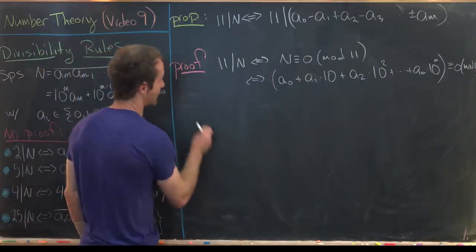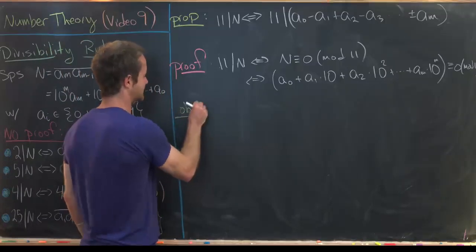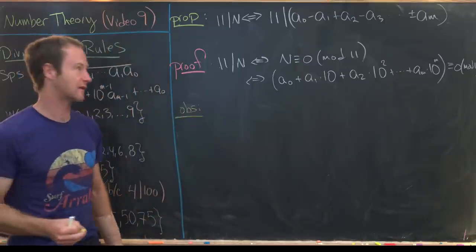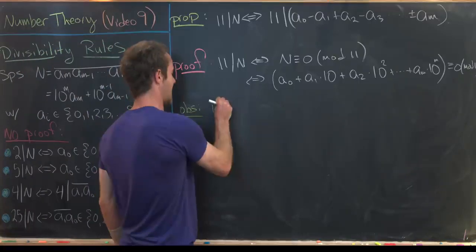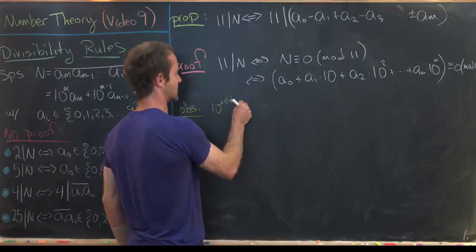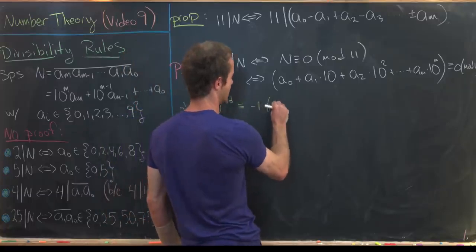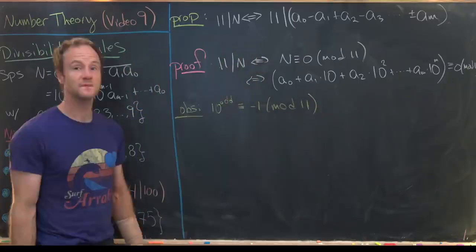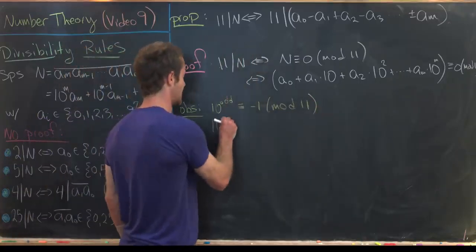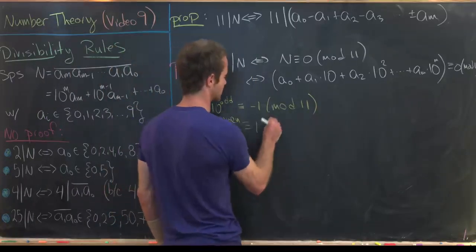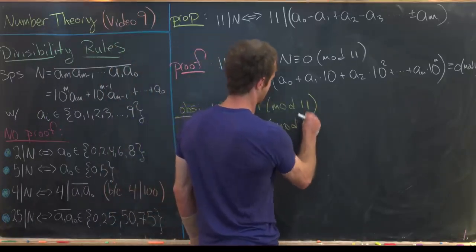But now let's consider the following observation, which is really pretty clear. And that is 10 to some odd number is congruent to -1 mod 11. And then likewise, 10 to some even number is congruent to 1 mod 11.